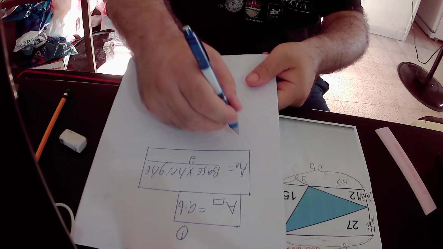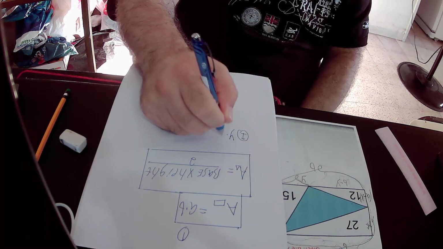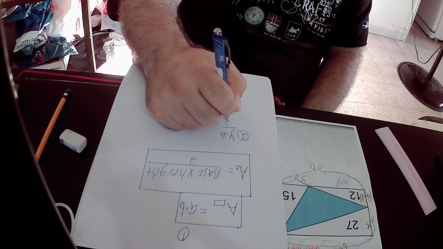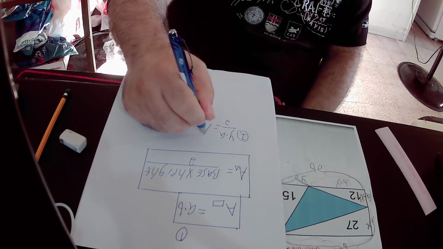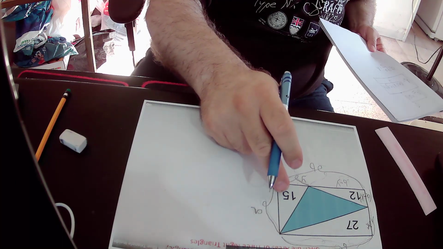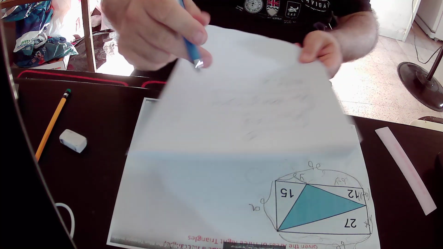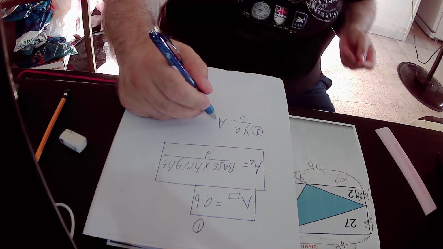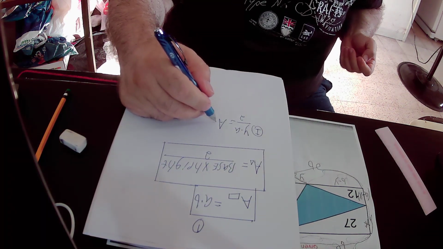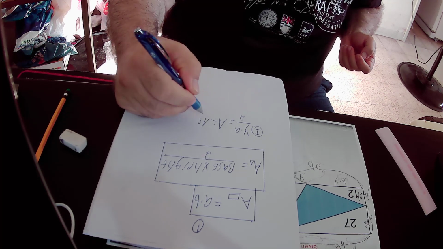So y times A divided by 2 equals the area of this triangle, but we do know that the area equals 15 units, so we can add to the equation that it equals 15 units.